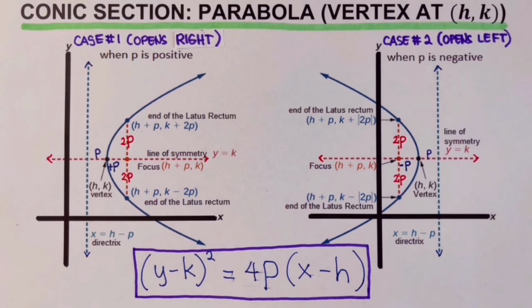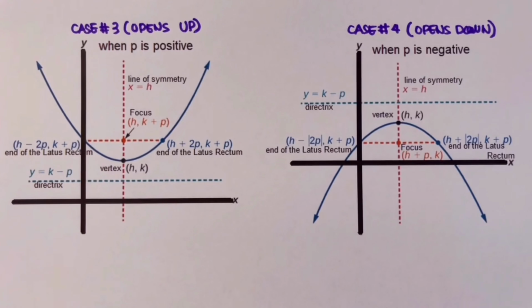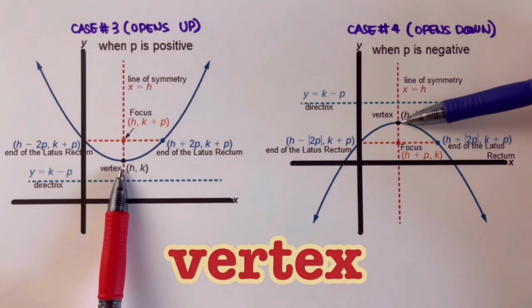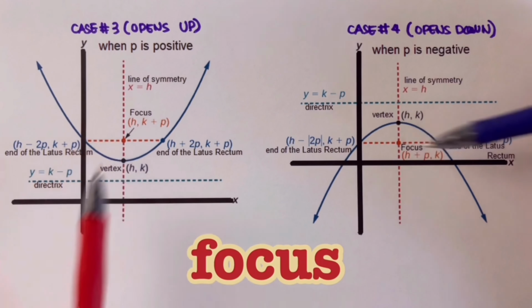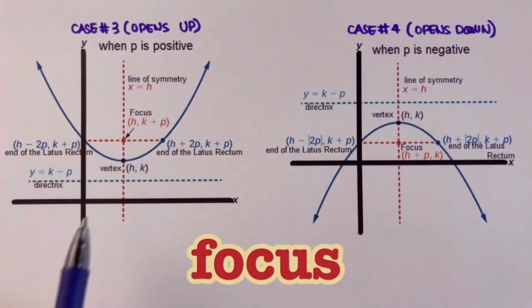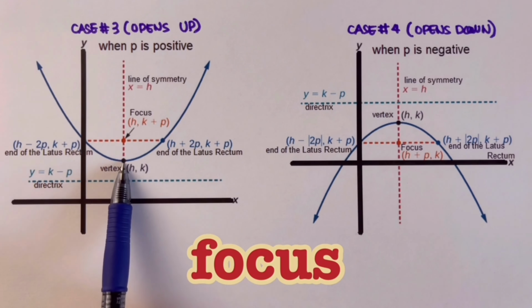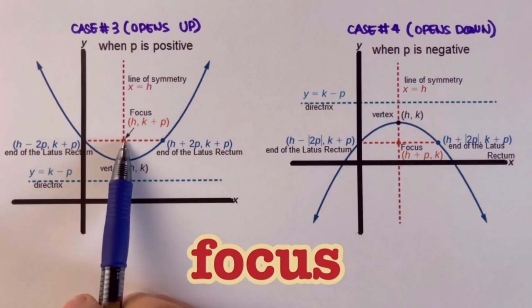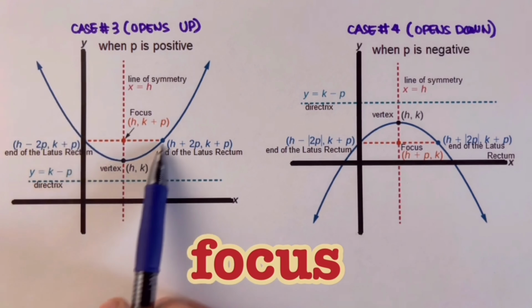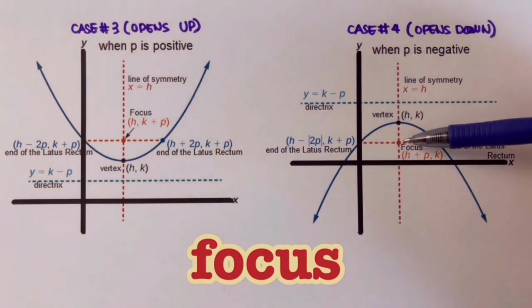Now let's have the third and the fourth case. The parts of the third and the fourth case are pretty much the same thing. We have the vertex. We also have the focus. Looking at case 3, we again remember that a parabola opens towards where the focus is from the vertex. Since our focus is located above the vertex, the parabola opens up. In this case right here, since our focus is below the vertex, the parabola will open down.